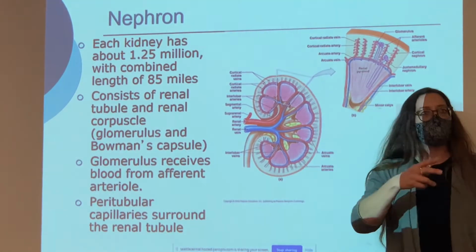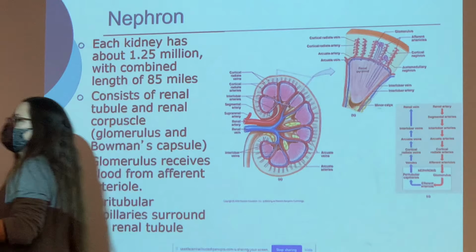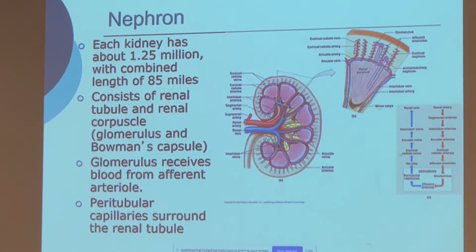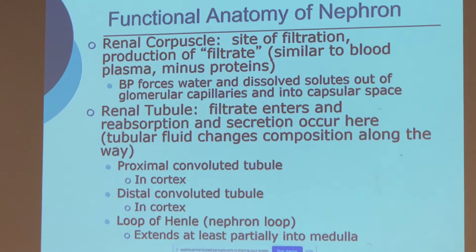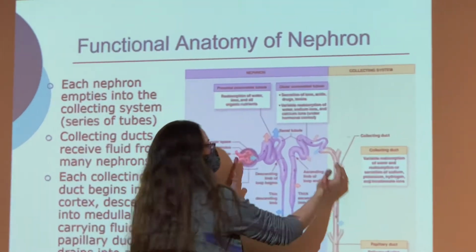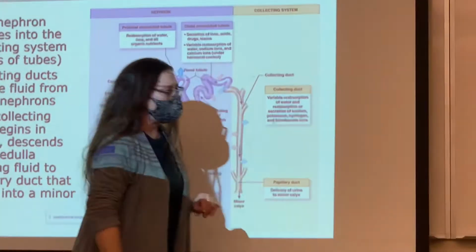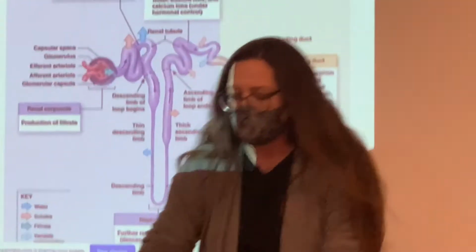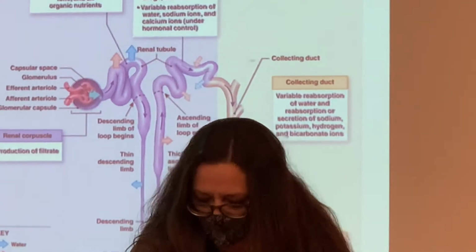That's where we're going to ultimately go in the next few minutes. All right, so we'll come back to this. I'm going to put this up here because this is our nephron right here. Okay, so let's draw this guy. And let me get my markers out.